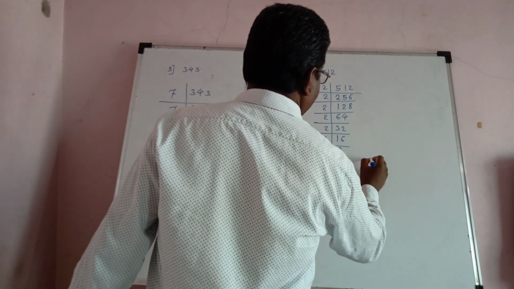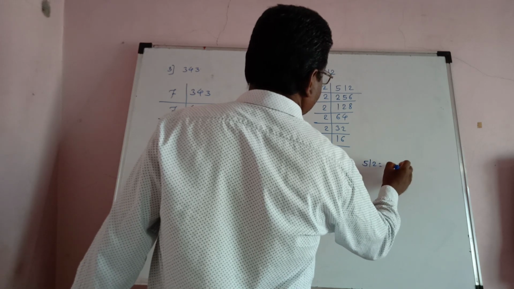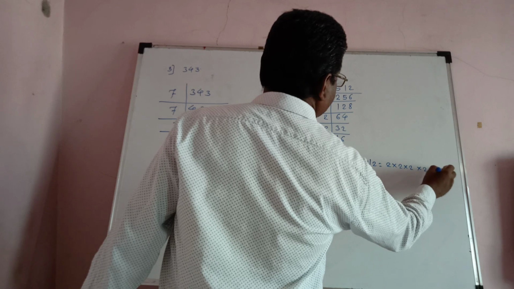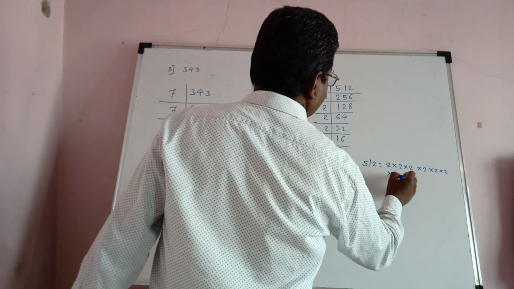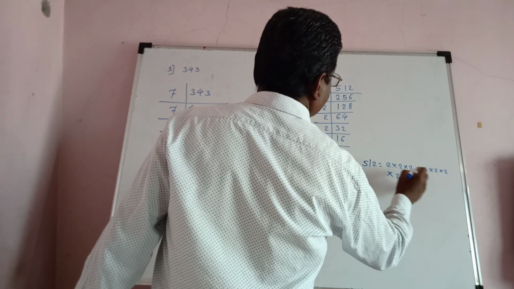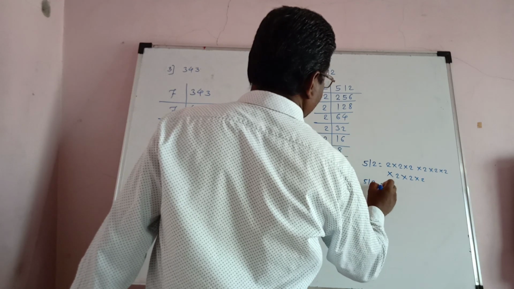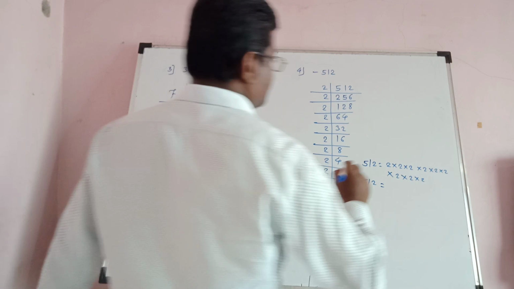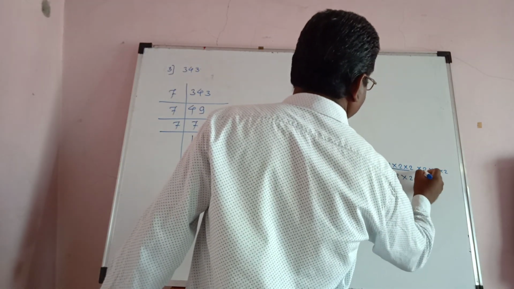Now this 512 can be written as 2 into 2 into 2 into 2 into 2 into 2 into 2 into 2 into 2. Now we make a grouping of three numbers.